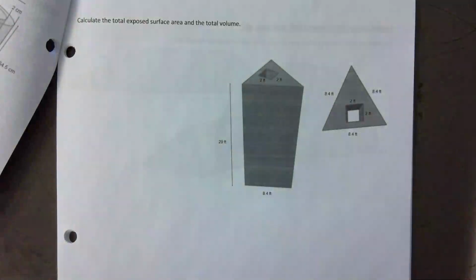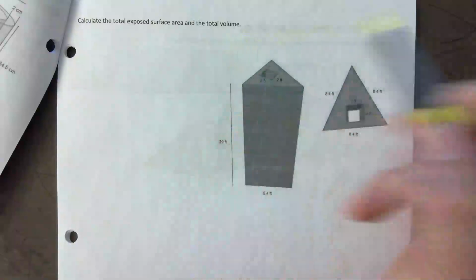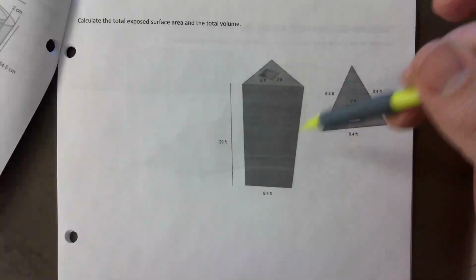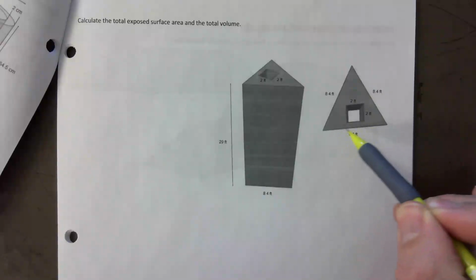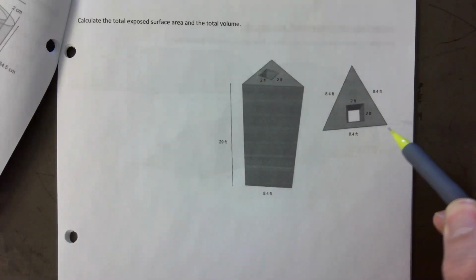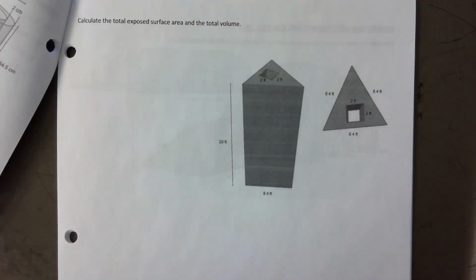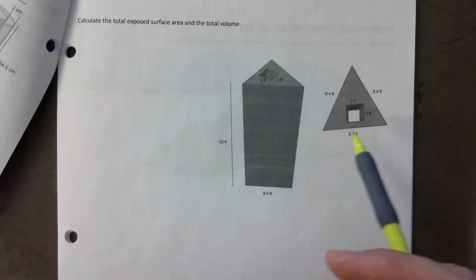Let's try page 16 here. Calculate the total exposed surface area and the volume. Now we're imagining this is just free floating in space. So even though this view may seem like it's touching the ground, we would assume we want to include everything around it. I will try to be specific and tell you not to worry about the bottom of this piece.